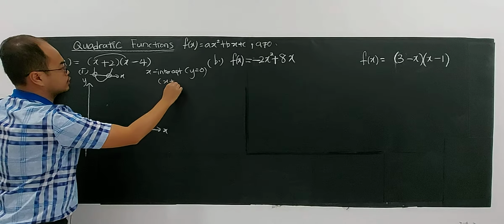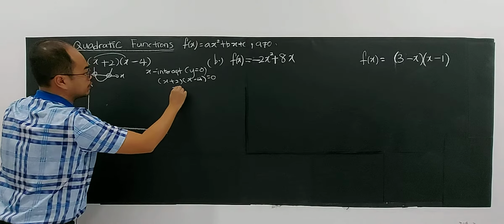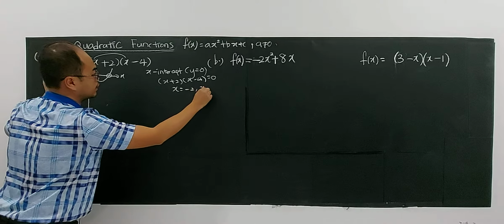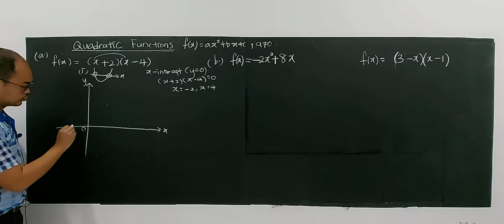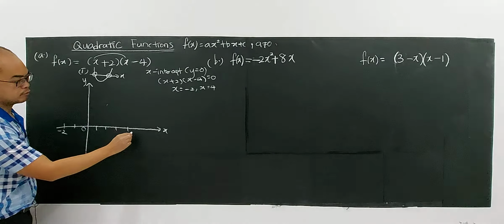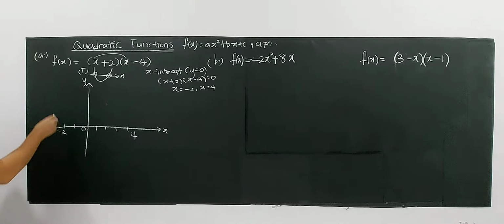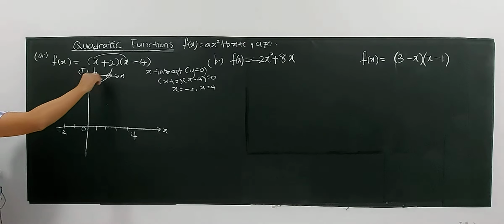So you solve the quadratic function and get x equals -2 and x equals 4. This is the location of the graph. So -1, -2, and 1, 2, 3, 4, and the graph will go this way.